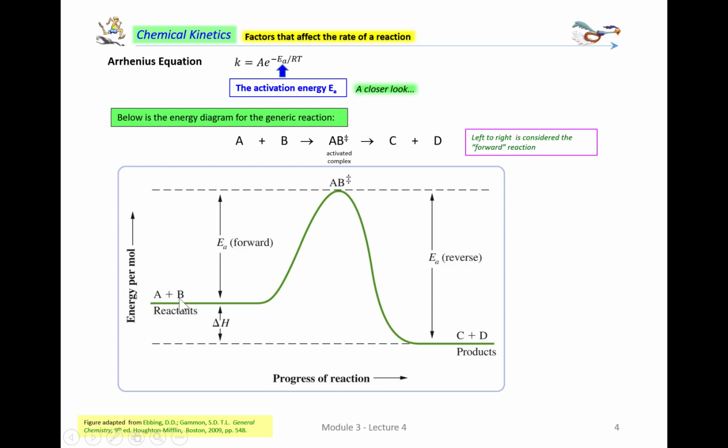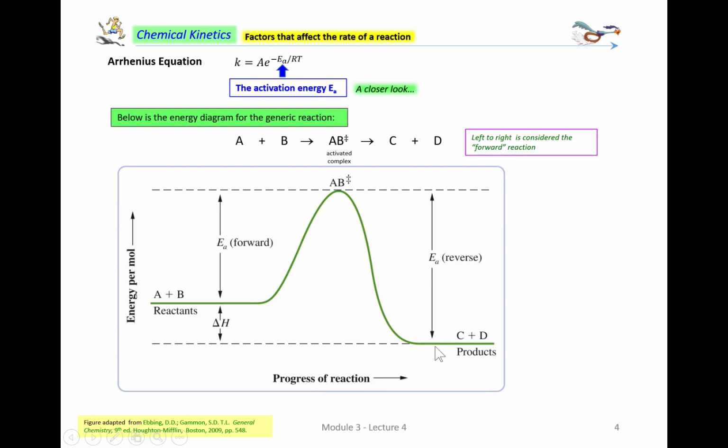The reaction has to go over an activation barrier, and at the top of that barrier is the activated complex. One thing that I didn't mention on the previous energy diagram is that the x-axis here is defined rather vaguely as progress of reaction. And of course, the y-axis is energy.